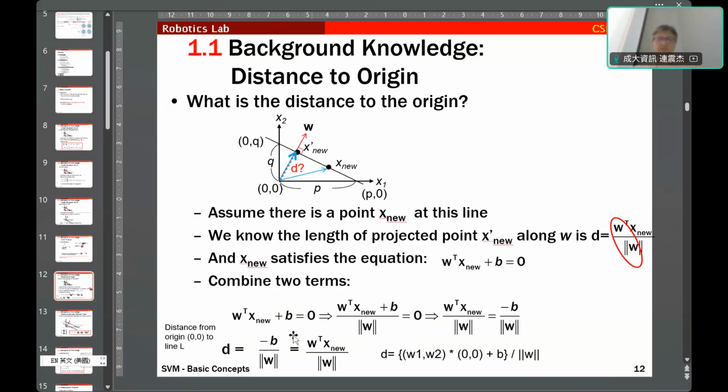The original line equation is W times X plus B equals 0. We divide it by the norm of W, and it becomes this result. We will find that this D is actually equal to this term, and also equal to this one.